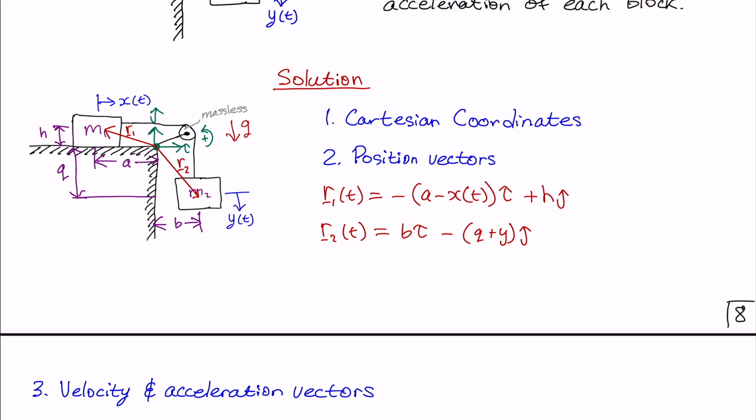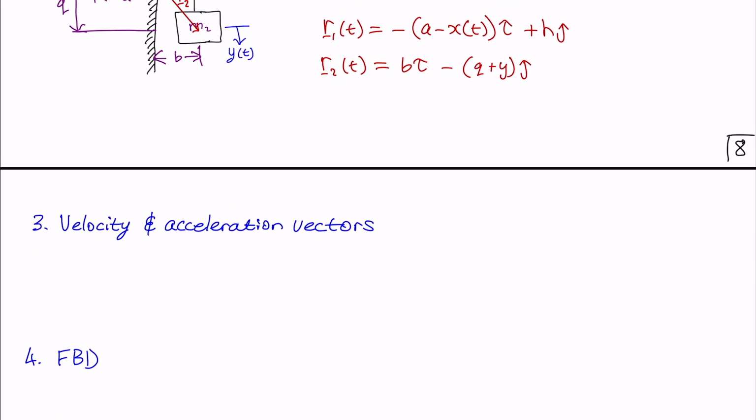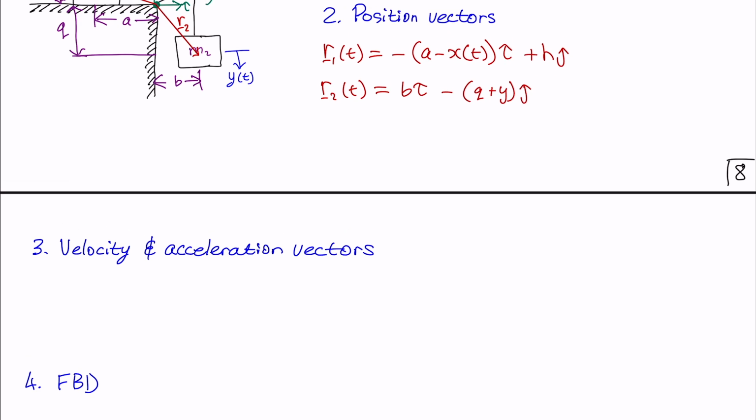To compute our velocity vectors, we're just going to take the derivative of those position vectors with respect to time. We'll get r1 dot is equal to x dot I plus 0j. R2 dot is equal to 0I minus y dot j.